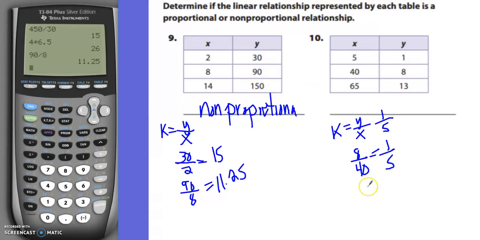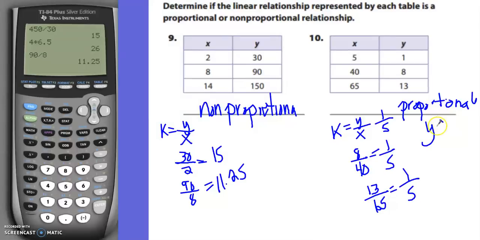Then we have 13/65. That's also going to be 1/5. So this is a proportional relationship. If we were going to write an equation, it'd be y equals 1/5 x.